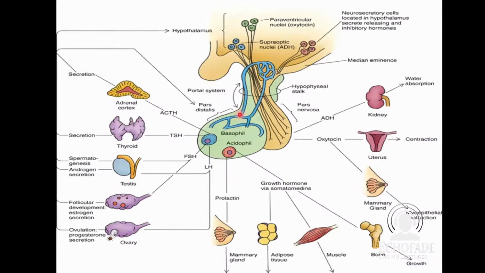And then at the secondary capillary plexus, the hormone is released and stimulates the cells within the hypophysis now to produce hormones.